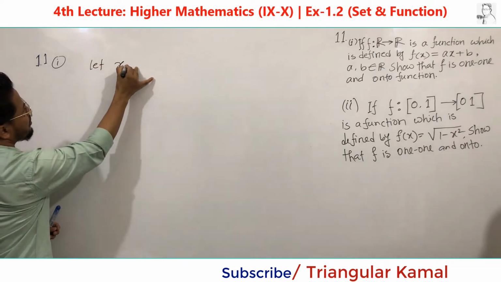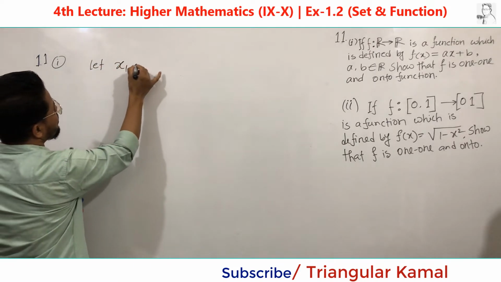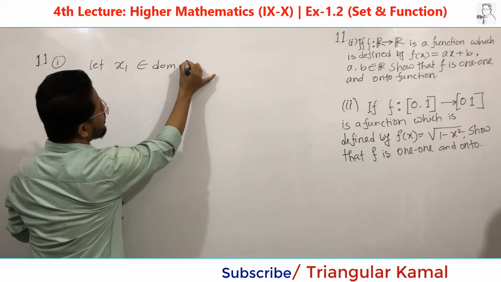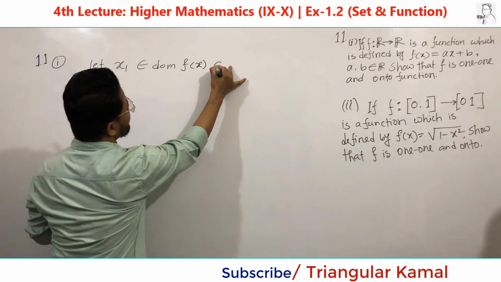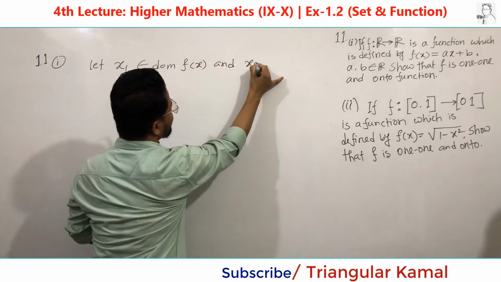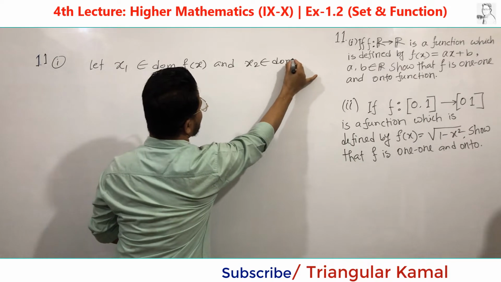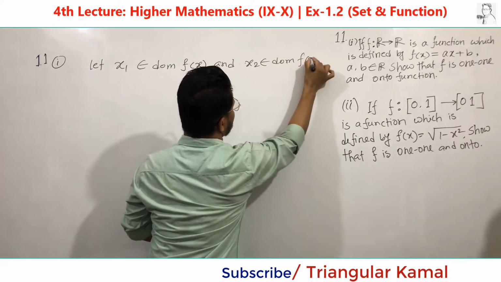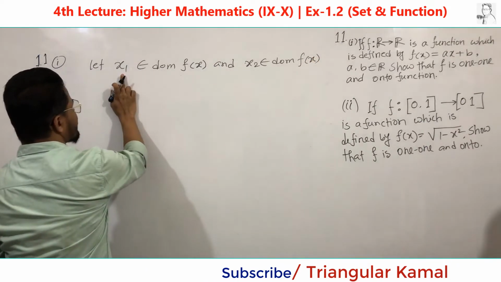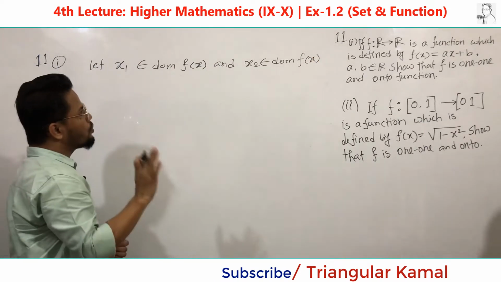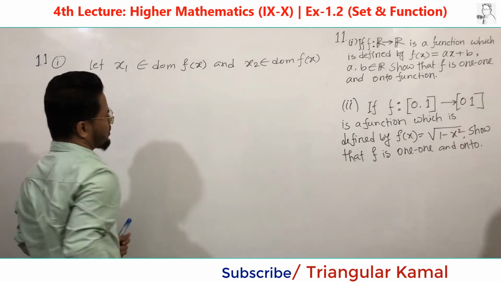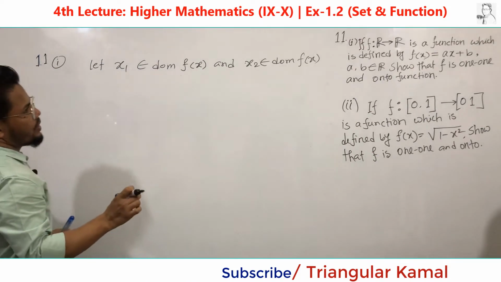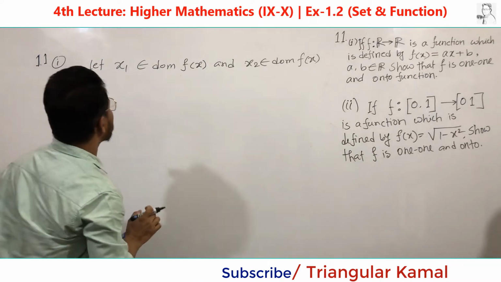Let x1 be an element of the domain of f of x and x2 be an element of the domain of f of x. Just considering here two elements x1 and x2, both are elements of the domain of f of x, where f of x is given as ax plus b.